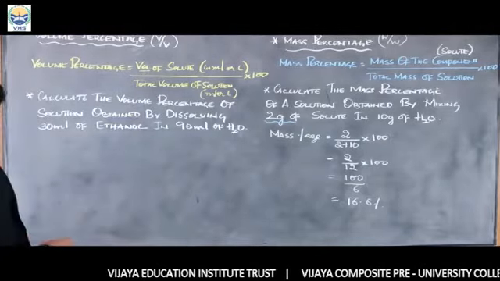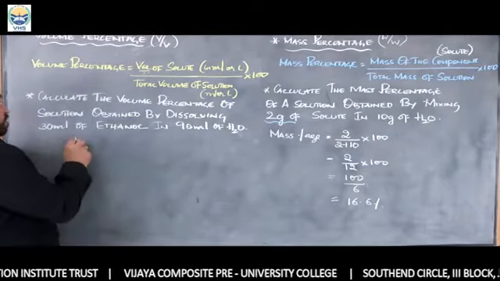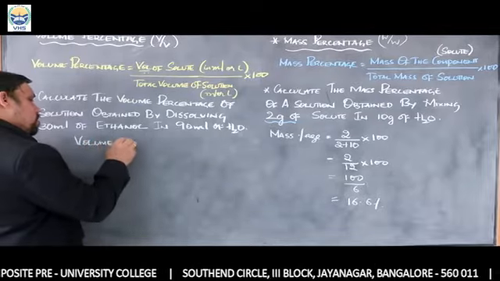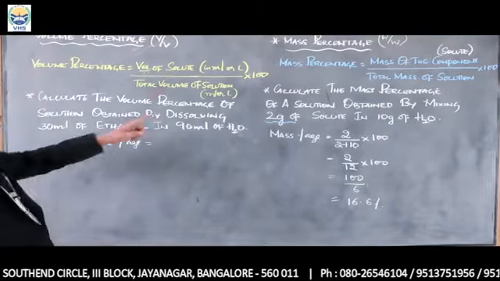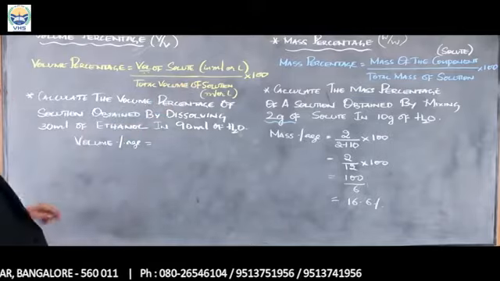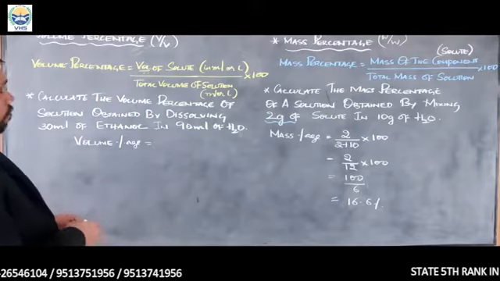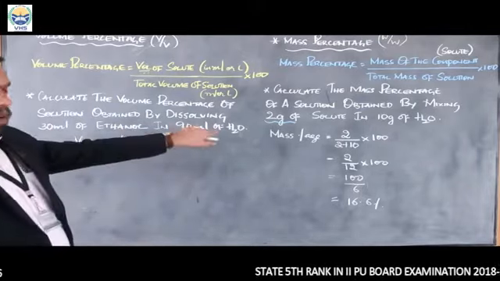We can directly just apply the formula. Okay. So the formula will be what? Volume percentage is equal to, you people can see it, volume of the solute in ml or liter. So which is the solute that is present over here? The component that is present in smaller amount. You are having 30 ml of ethanol and 90 ml of water.